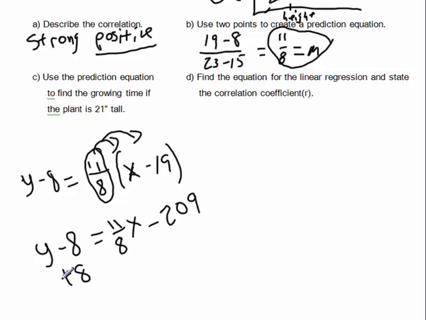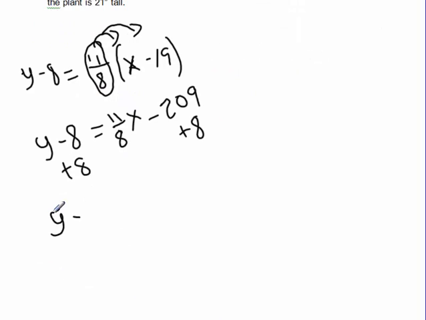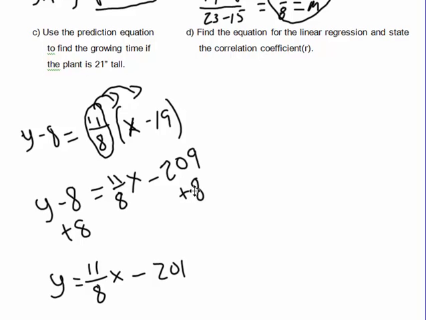And add 8. And we get y equals 11/8 times x minus 201. Now, excuse me, I'm so sorry, it's 209 over 8, and then if I add 8 to that, plus 8.